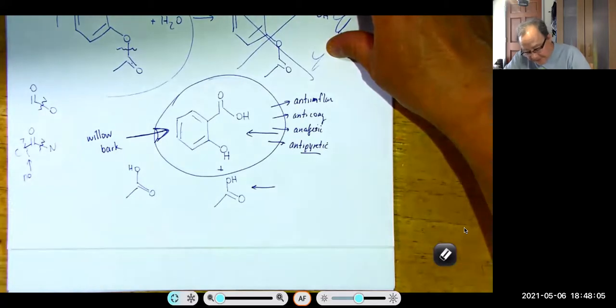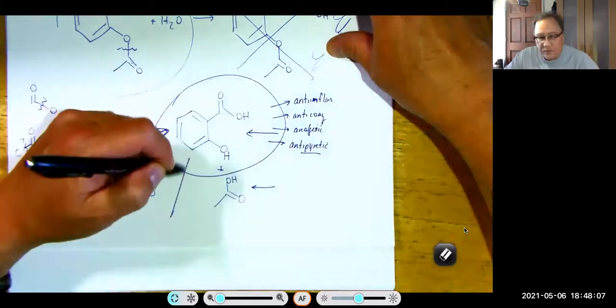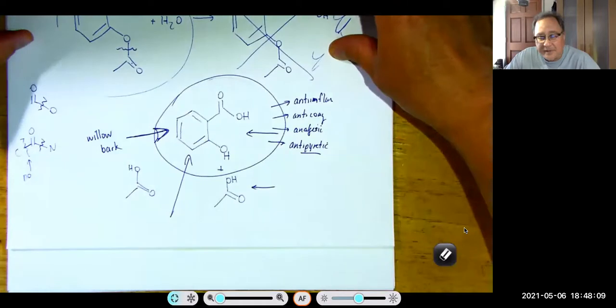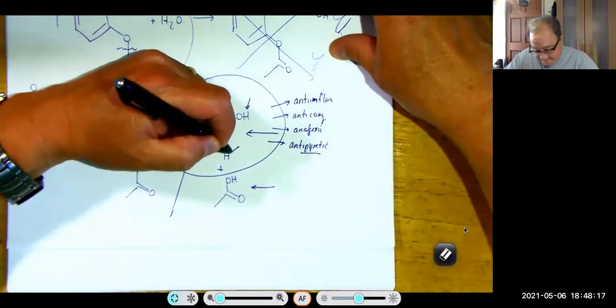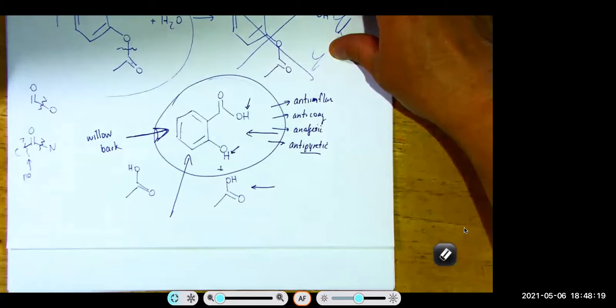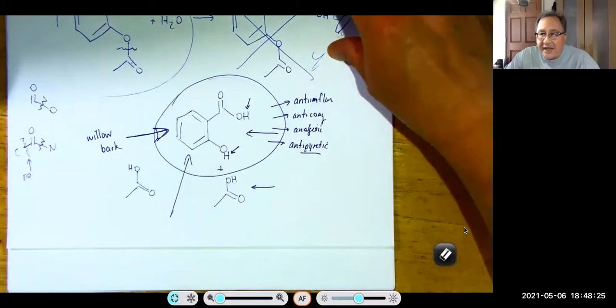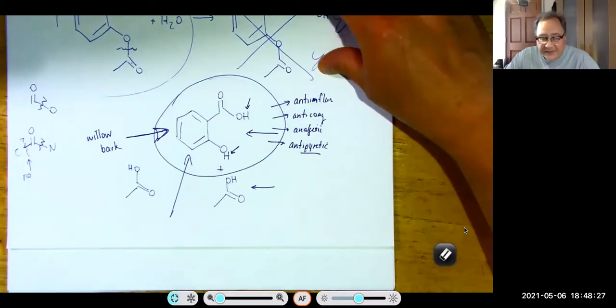The problem with this is that it can give you an upset stomach because of the acid. And interestingly enough, the acid is not this so much as it is this. And does the hydrolysis of it affect the shelf life too? Well, if it hydrolyzes, it's not aspirin anymore, it's salicylic acid.